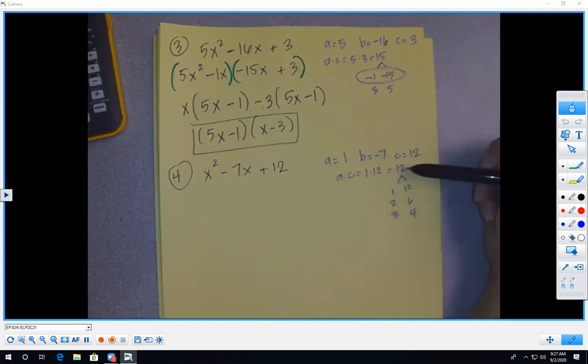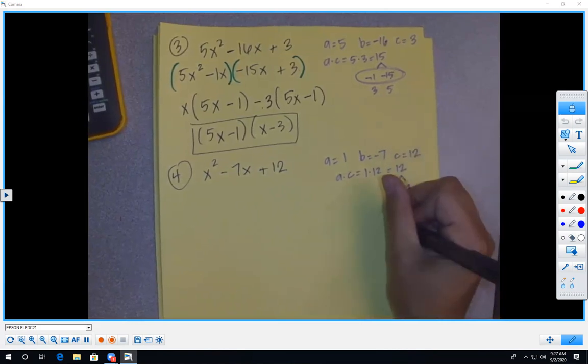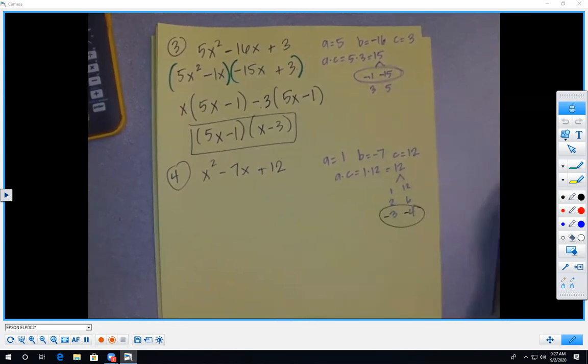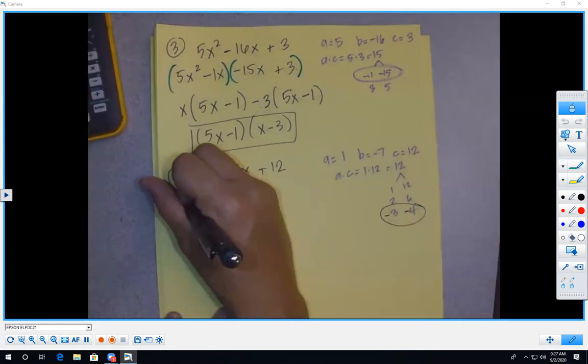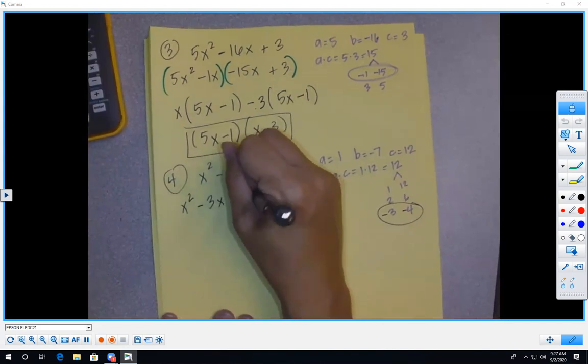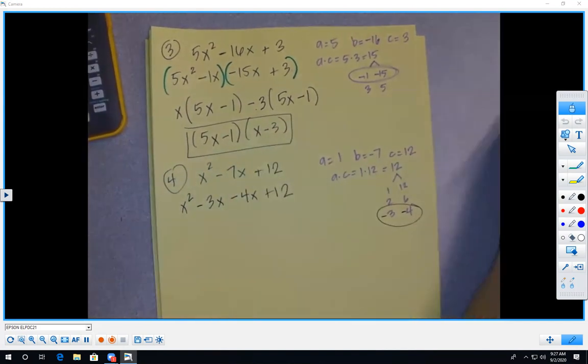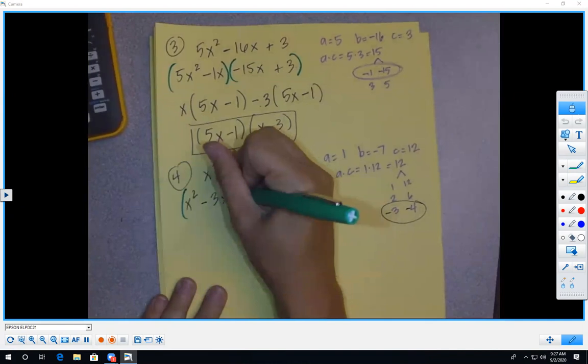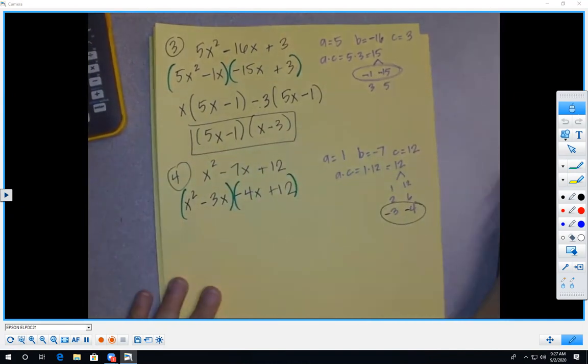Okay, so when you multiply A times C, you got 12. And then choosing your options for 12: 1 and 12, 2 and 6, 3 and 4. Which one's going to give me negative 7? Negative 3, negative 4. And so those are the numbers you put in now. You put in two groups first, then factor out the greatest common factor.